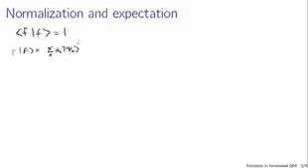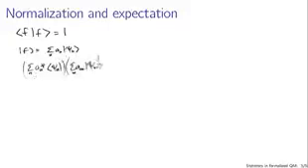If you look at this inner product in this context, you're going to have an infinite sum and an infinite sum. So I've got a sum over n of a sub n star psi sub n on the left, and an infinite sum over m, a different index, of a sub m psi sub m. If I distribute these two infinite sums together, I get psi n, psi m terms, and those inner products obey an orthogonality relationship.